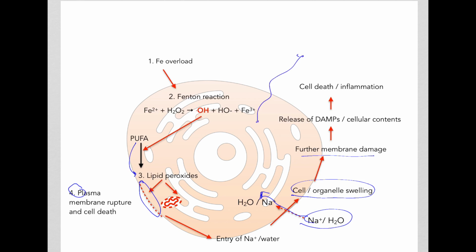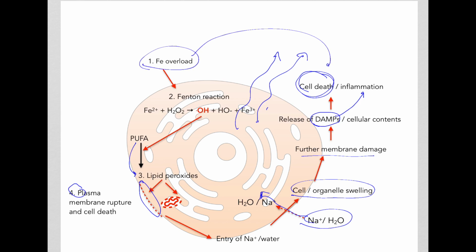Then all kinds of chemicals, cellular contents can come out of the cell. Some of these chemicals can act as danger-associated molecular patterns, and they can trigger inflammation, and eventually, due to all this membrane damage, the cell will die. In this case, due to iron overload, and therefore we call this cell death ferroptosis.